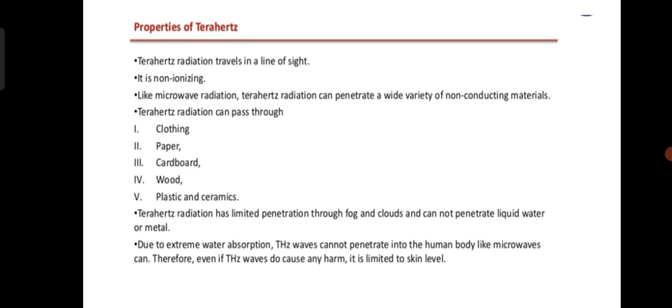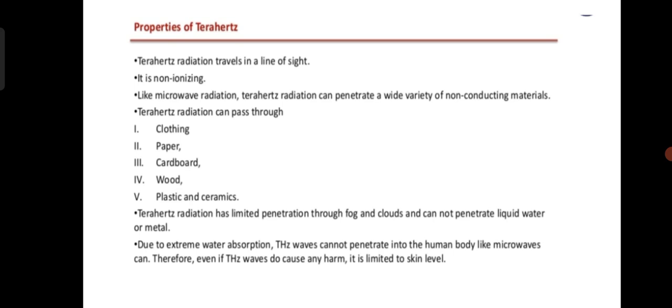So these are the materials it can pass through, but it has limited penetration through fog and clouds, and cannot penetrate liquid water or metal. Due to extreme water absorption, terahertz waves cannot penetrate into the human body like microwaves can. Therefore, even if terahertz does cause any harm, it is limited to skin level.